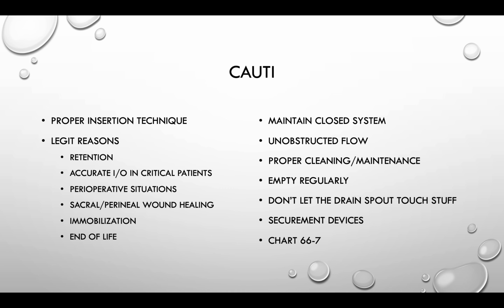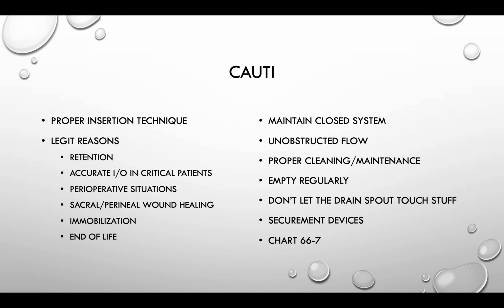Now, incontinence in and of itself is not a reason to have a catheter placed, because the risk outweighs the benefit in that case. But if someone is incontinent and they have a big, stage 3 wound, or they have horrible incontinence associated dermatitis, we may have to put a catheter in for a time until that skin heals.